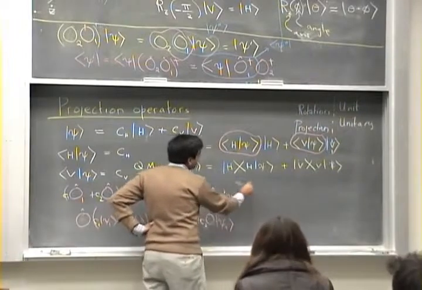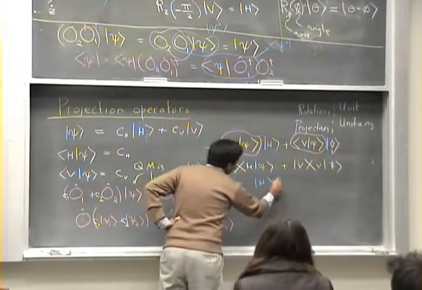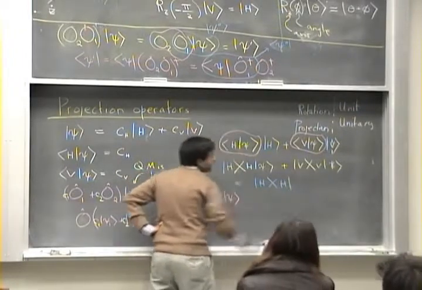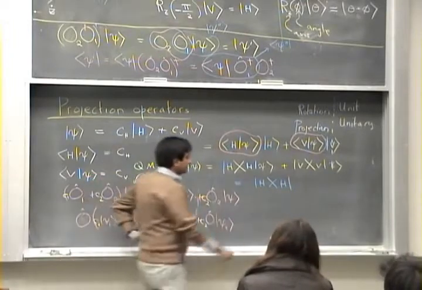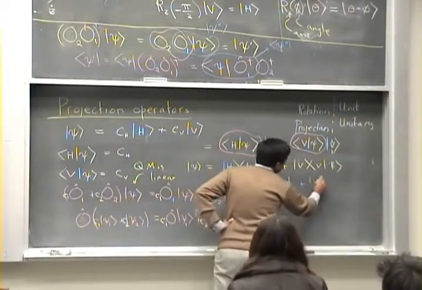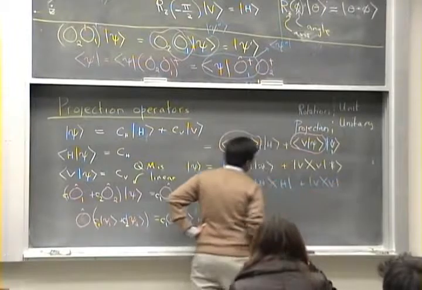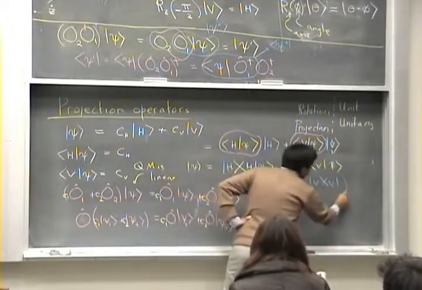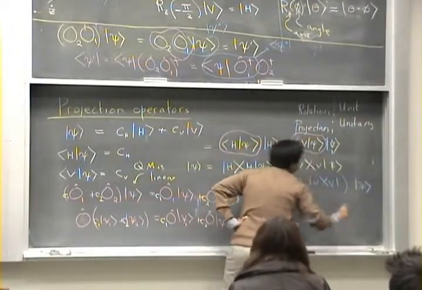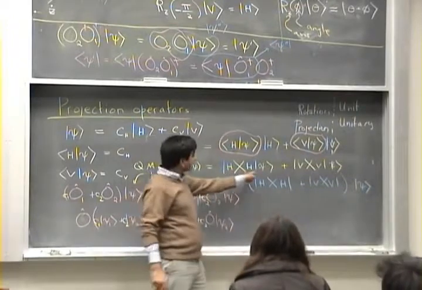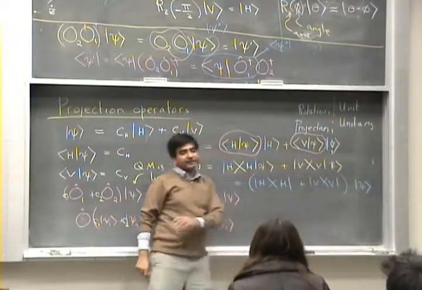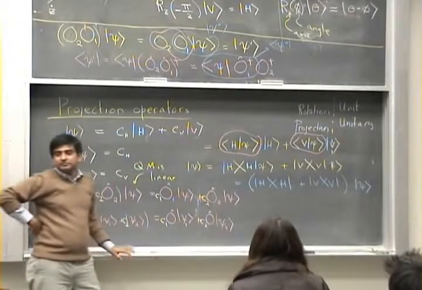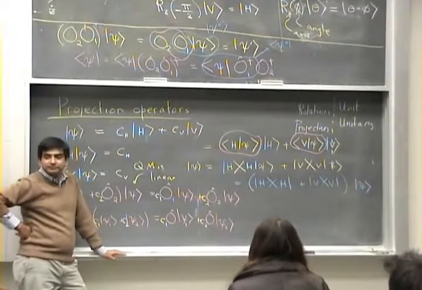You can take ket H, bra H, plus ket V, bra V, and all of this acts on ket psi. In other words, I factorize ket psi and write it right at the end. Okay?